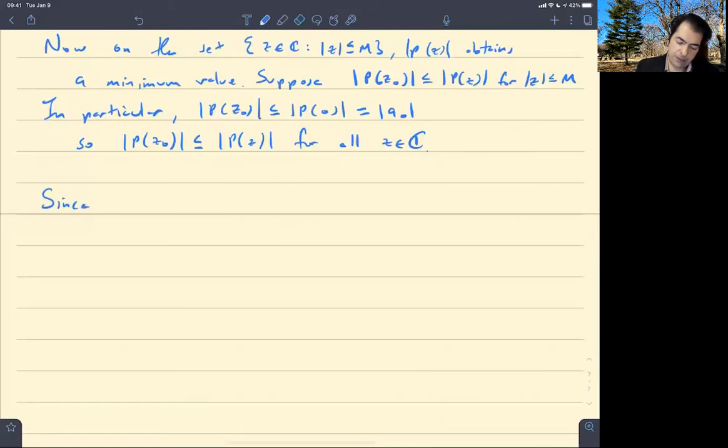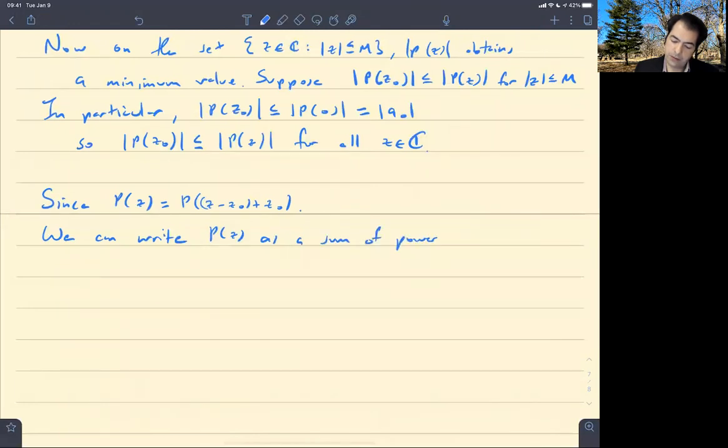Since I can write p of z as p of (z minus z naught) plus z naught, we can write p of z as a sum of powers of z minus z naught. So for some complex polynomial Q, we have that p of z is equal to Q of z minus z naught.